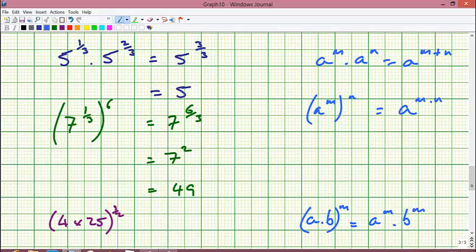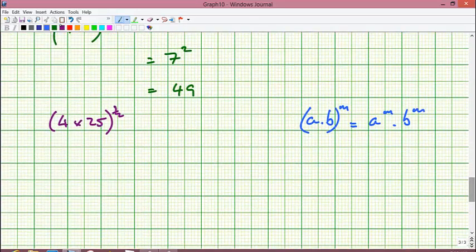So this would give us 4 to the power of 1/2 times 25 to the power of 1/2. 4 to the power of half, that's the square root of 4, which is 2. 25 to the power of 1/2, that's the square root of 25, which is 5. And that gives us the answer, 10.